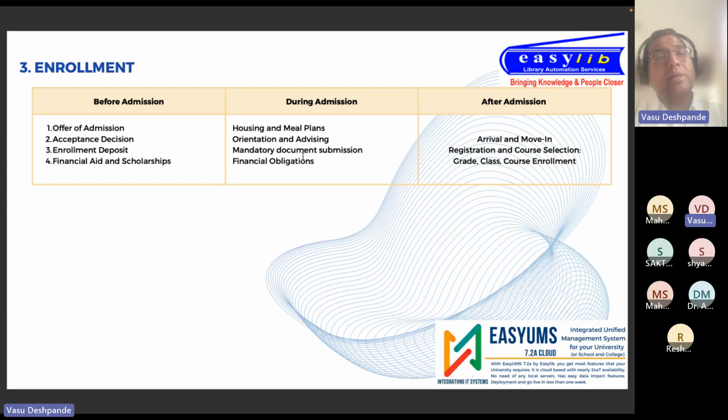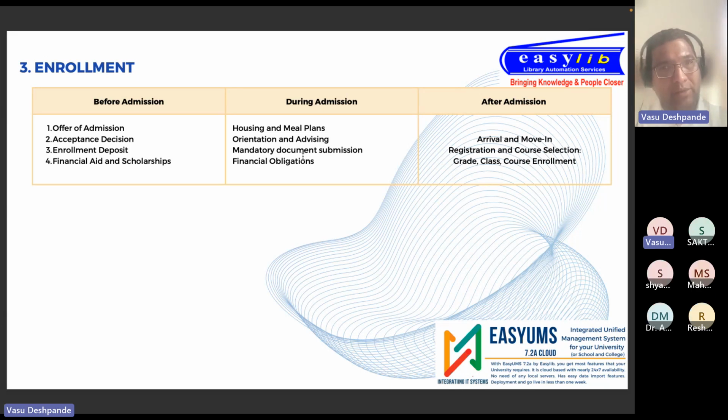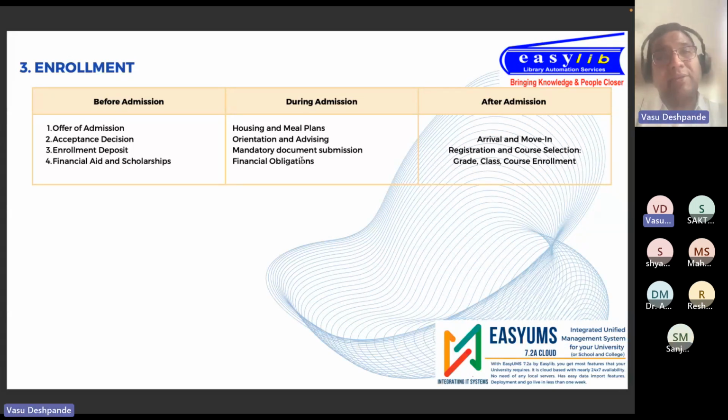And during the admission, you collect additional fees that are required, enter the student into the college, and assign him a particular section within the grade, and so on. Okay. Then after the student gets admission, you will be allocating some more things that may be required, right?